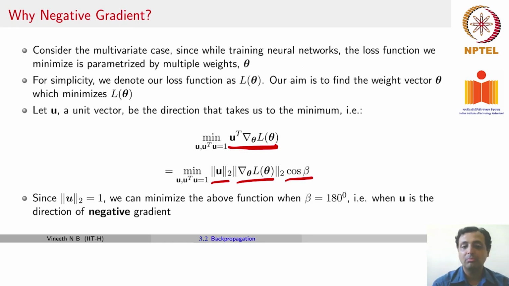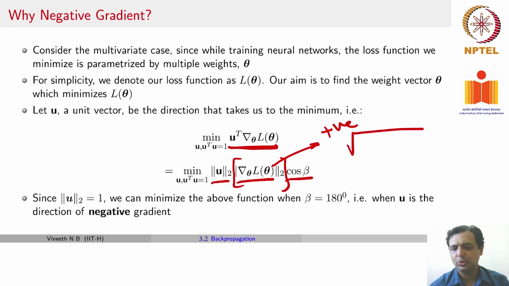Clearly, we know that the 2 norm is a positive quantity. Remember, the 2 norm in its standard definition is simply the square root of L1 theta squared plus L2 theta squared, and so on, depending on how many components L had.